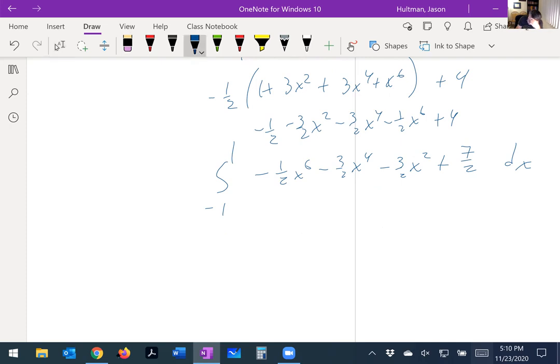So this becomes -1/14 x to the 7th minus 3/10 x to the 5th minus 1/2 x cubed plus 7/2 x, from -1 to 1.